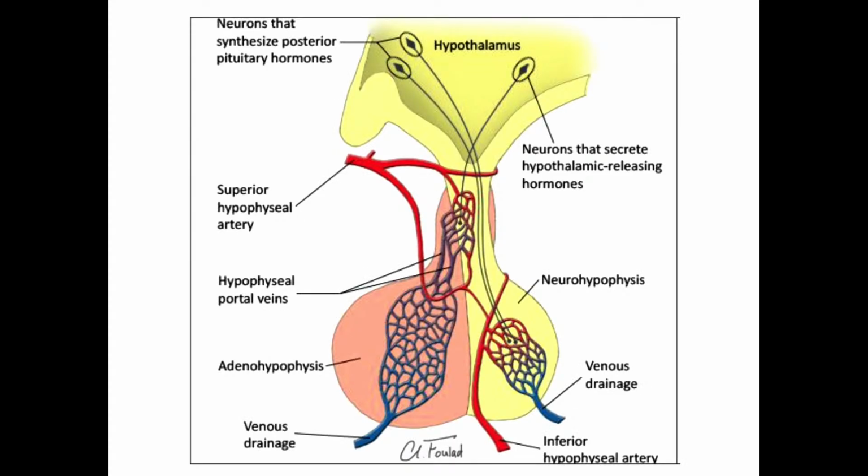So if you see here, we have the first capillary plexus, and then straight ahead the veins are creating the second capillary plexus, and the first part of the pituitary gland, this part here, is the pars distalis. Okay.